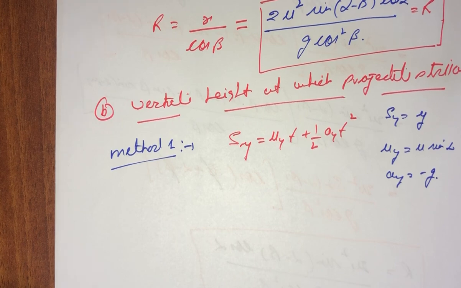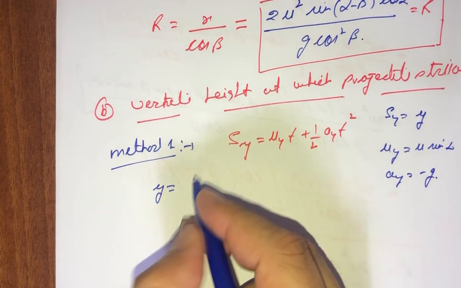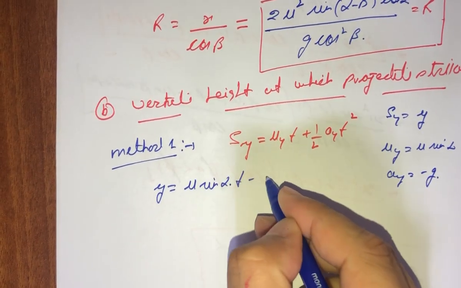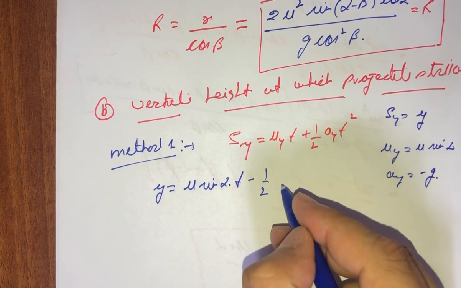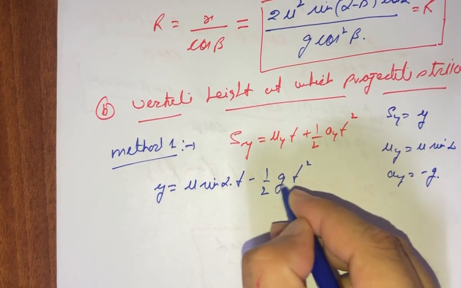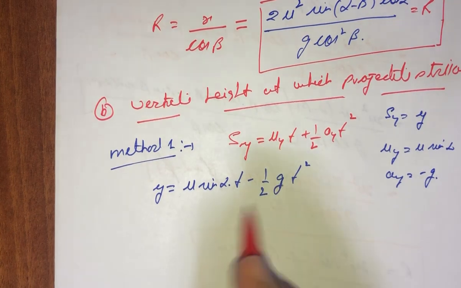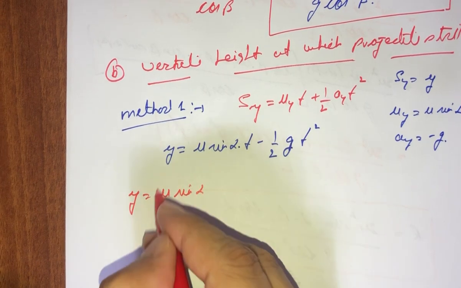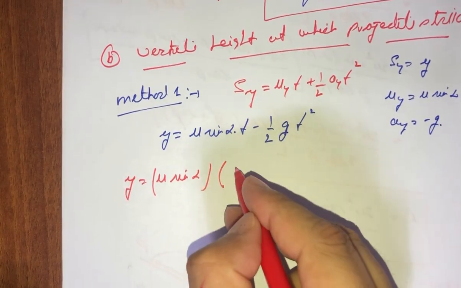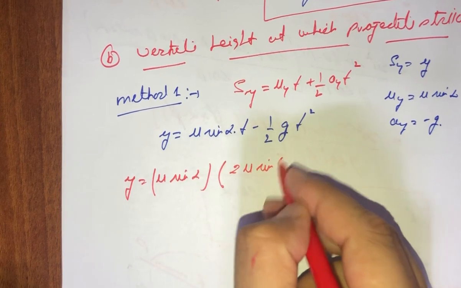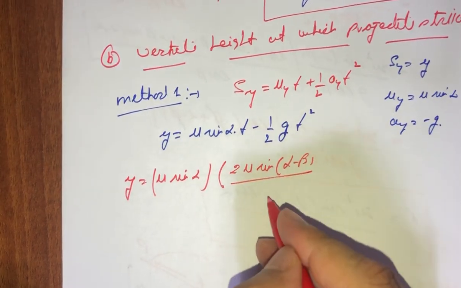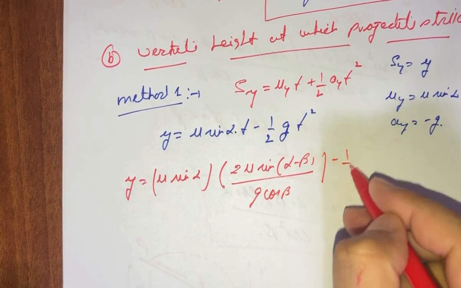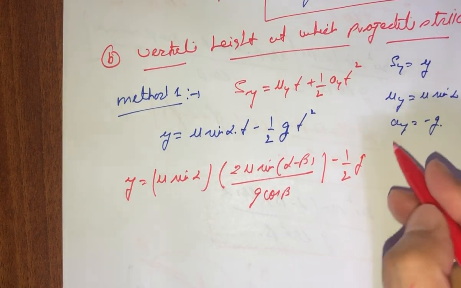So we put these values, we get y is equal to u sine alpha into t minus half g t square. We already know the value of t, so we put in this equation y is equal to u sine alpha and t is u sine alpha minus beta divided by g cos beta, minus half g t square.